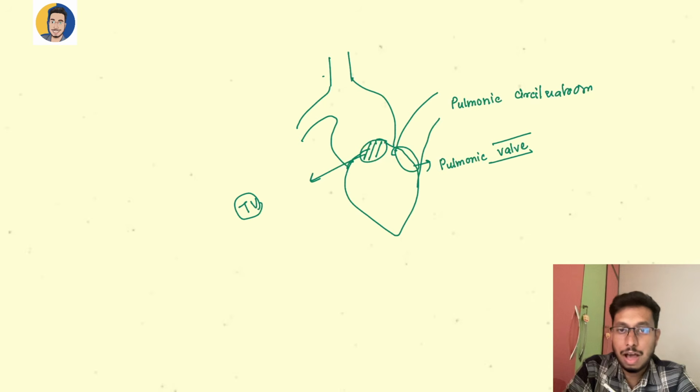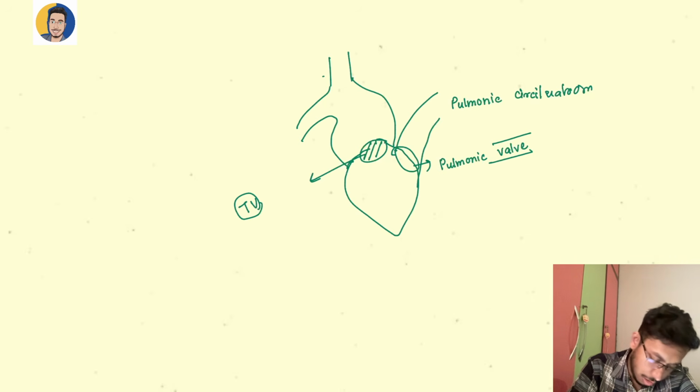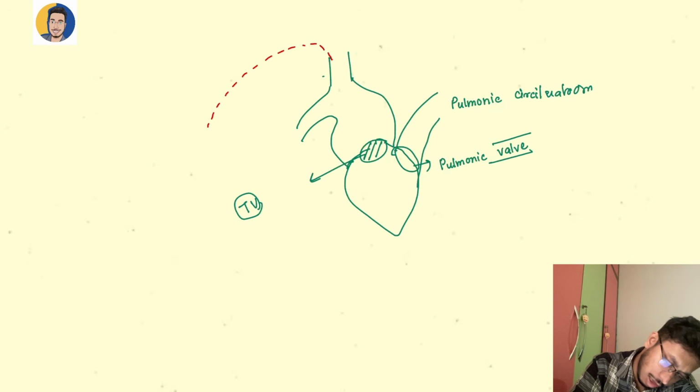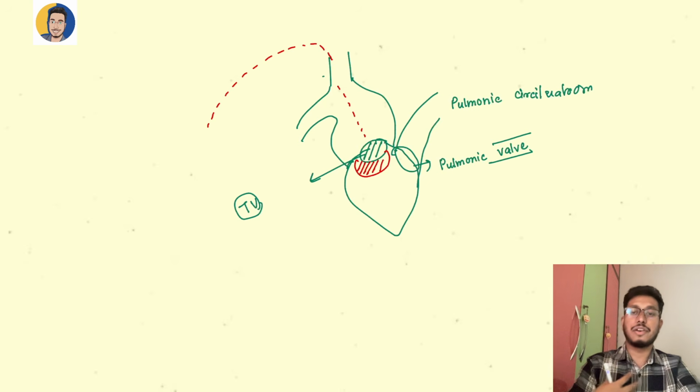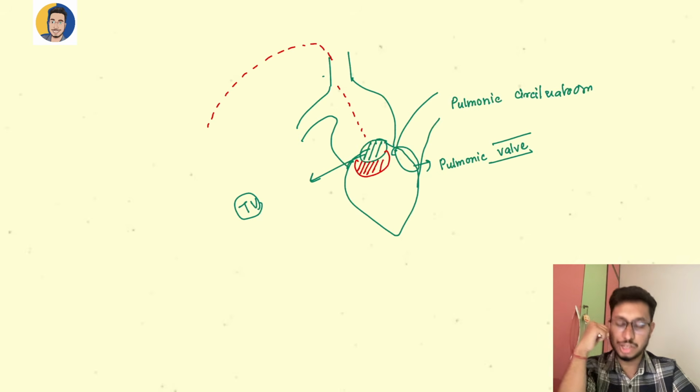In case of an IV drug abuser, there is a high chance of formation of endocarditis in the tricuspid valve because of the direction of the IV drug through the IV pathway, through the upper limb pathway. It goes into the superior vena cava, goes into the right atrium, then right ventricle, then the pulmonic circulation. So this is the normal usual pathway of circulation.